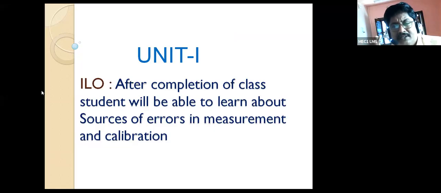Mostly three errors are there, and we will discuss the three errors one by one. And then calibration, also what the sources are that cause error in an instrument, right?